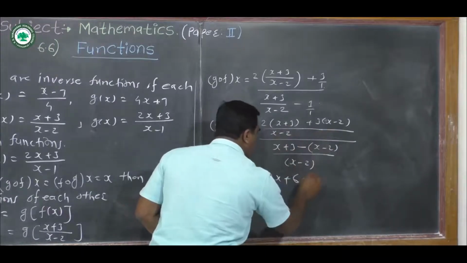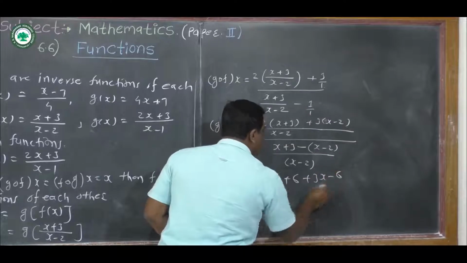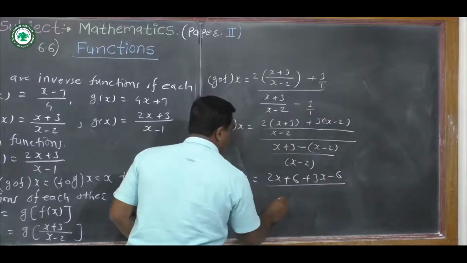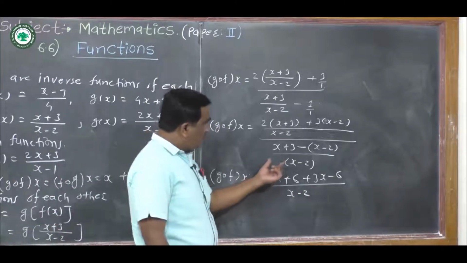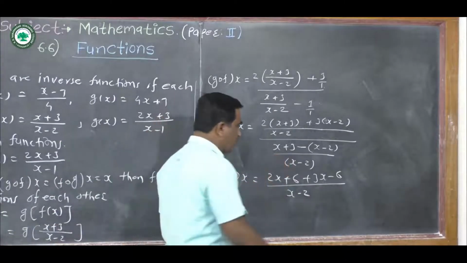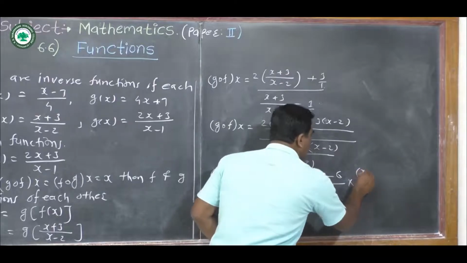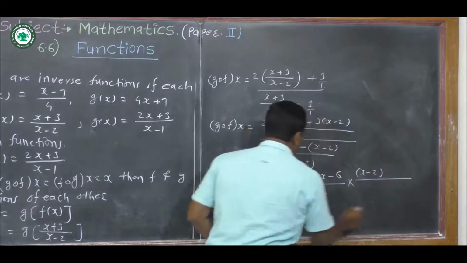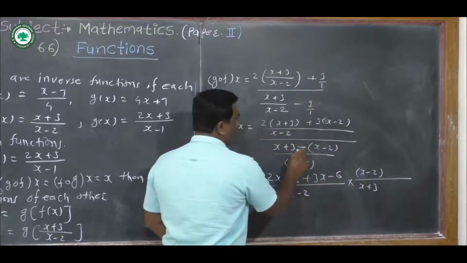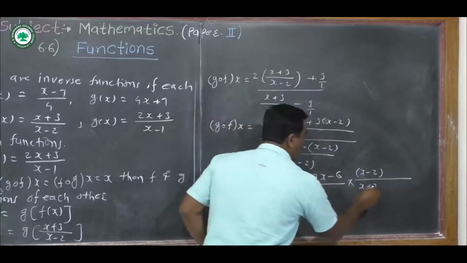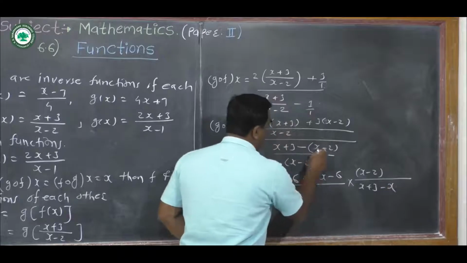Here also take product plus 3x minus 6 upon this term (x minus 2). Okay, now take reciprocal of this denominator term. Taking reciprocal, we can write here (x minus 2) upon here (x plus 3). Take product of minus sign in this bracket, minus into x, minus into minus plus 2.